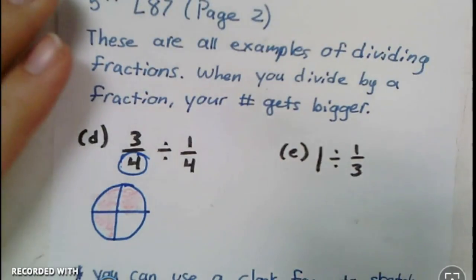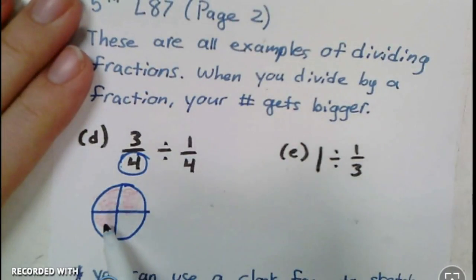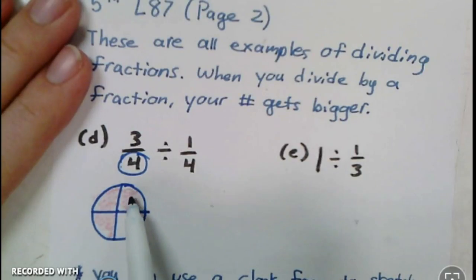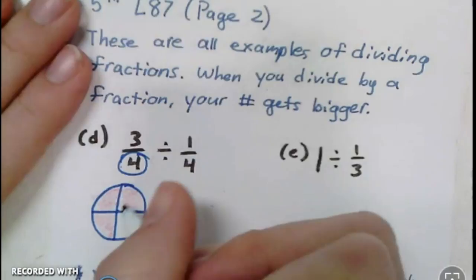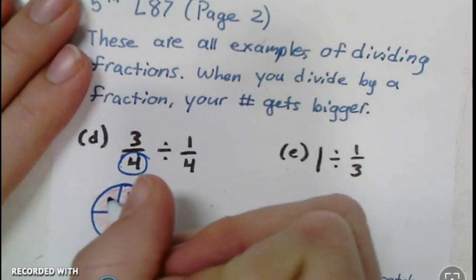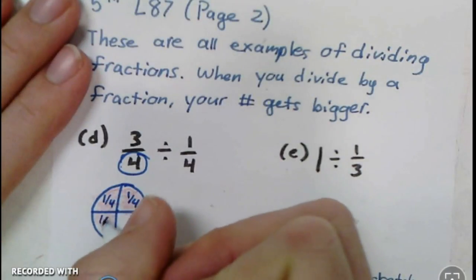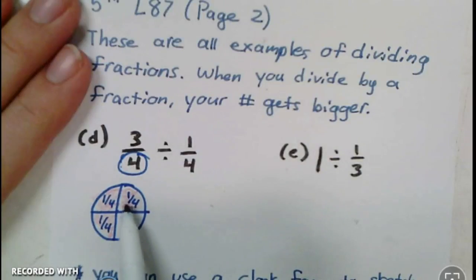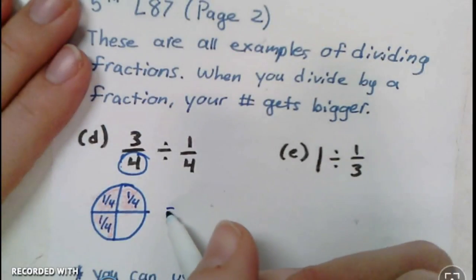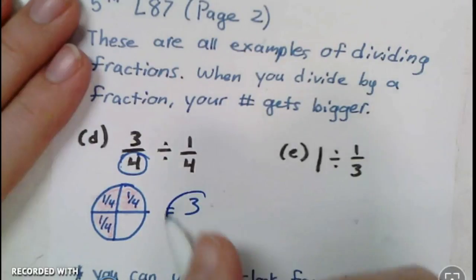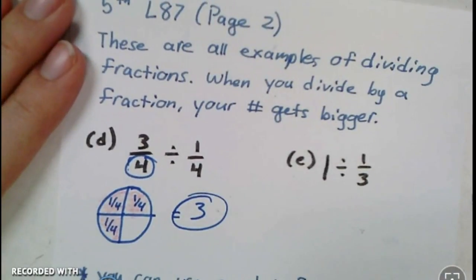So how many 1/4 could I break these into? Well, they're already divided by fourths, so I don't need to divide them anymore. So how many 1/4 is it? 1, 2, 3. Again, this is split into fourths, so each of these would be a 1/4. So there's 1, 2, 3. There's 3 1/4 in 3/4.